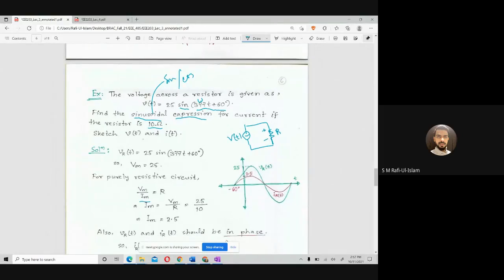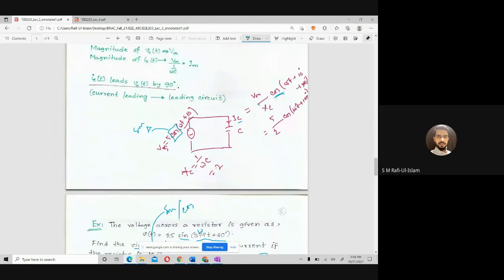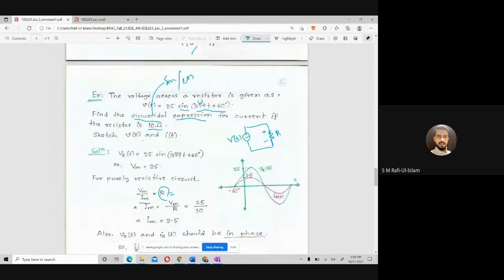Vm by Im, this is the magnitude, but resistance is not a frequency dependent term. That's why this is called resistance. But for the AC circuit, anything that depends on frequency we call reactance, like the reactance of a capacitor or of an inductor.